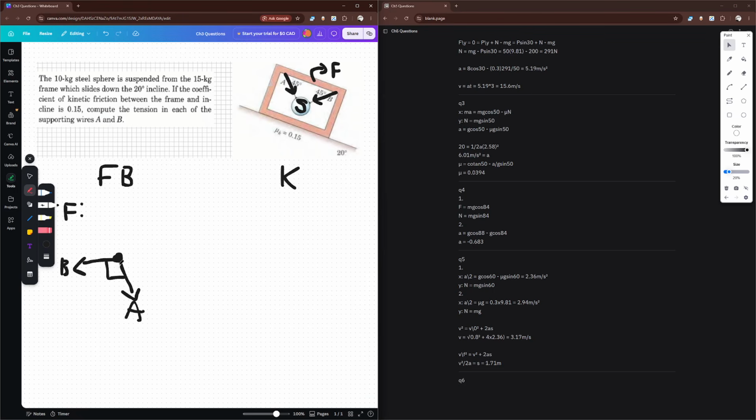I'm just going to call this 90 degrees and put a line here. We also have an mg on the frame which acts at 20 degrees like so. We have a normal force acting straight up, and we have a force of friction which I'm going to call lowercase f. Overall, how's it moving? This way, MA.